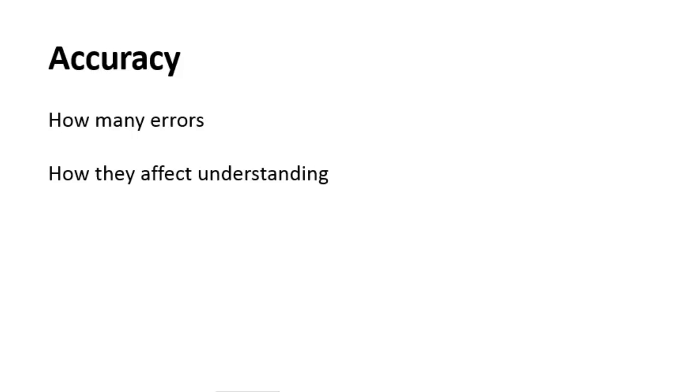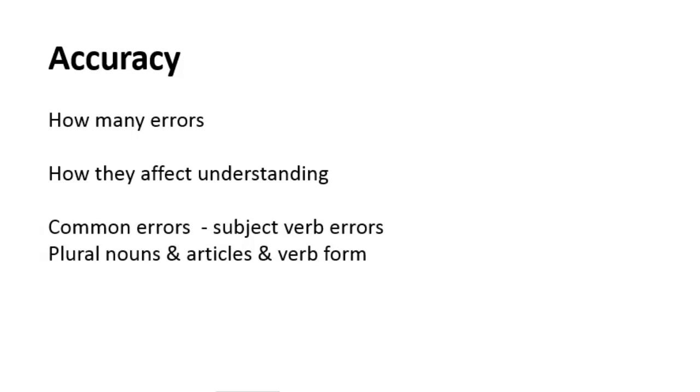So there's two ways, as we mentioned, accuracy and range, but they split into other things as well. Now some of these things we mention here relate to the other one, but not accuracy. How many errors and how they affect understanding is a crucial bit for accuracy. So obviously at the higher levels, people don't make many mistakes, and at the lower levels they're making more mistakes, but it's how those mistakes affect understanding, which is how you're judged.